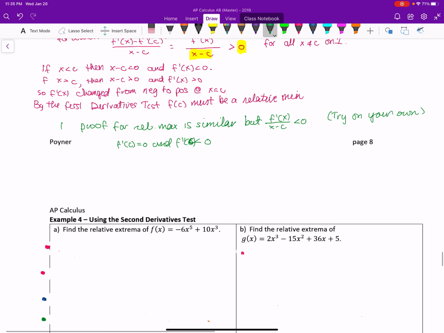So this is how this functions: take critical numbers of f of x, where f prime of c is equal to 0, and test in second derivative. That's essentially all we're doing.